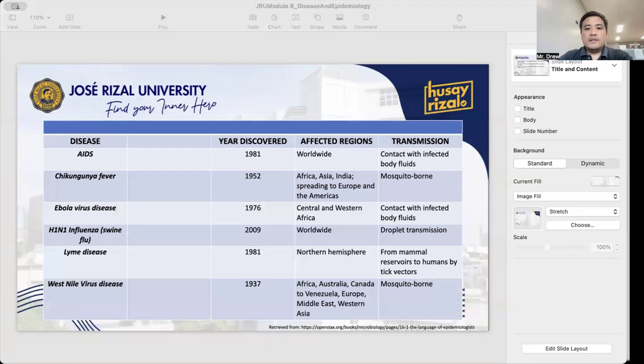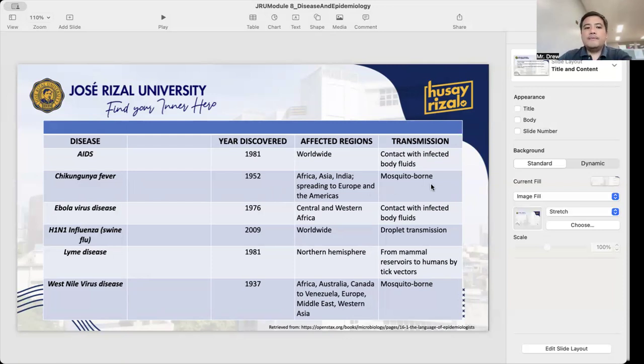So these are different diseases with their year discovered, affected regions, and transmission. AIDS, discovered in 1981, affecting worldwide, and the transmission is contact with infected body fluids. Chikungunya fever, discovered in 1952, affecting Africa, Asia, India, and spreading to Europe and the Americas.